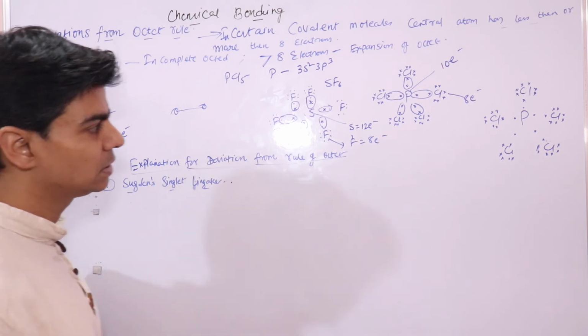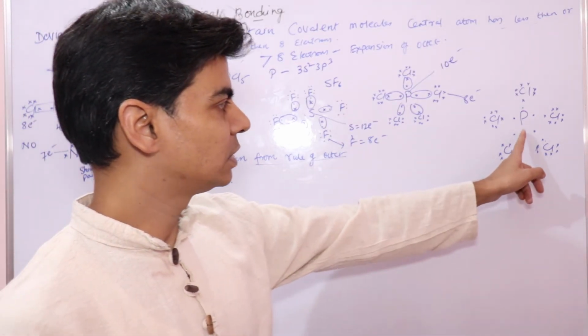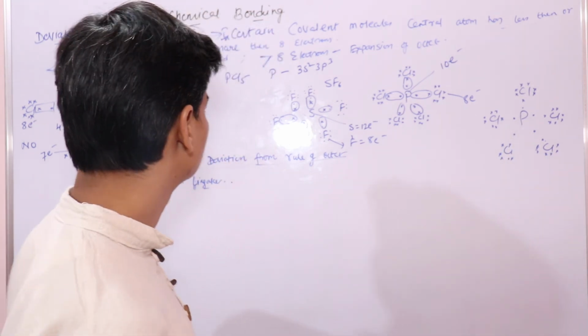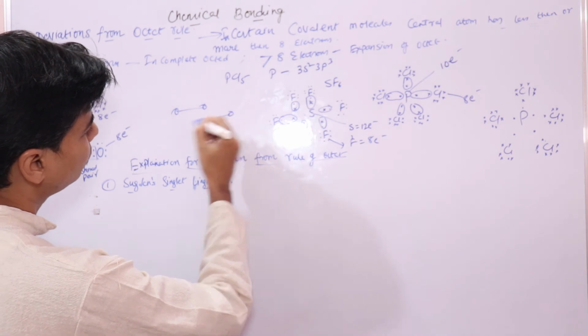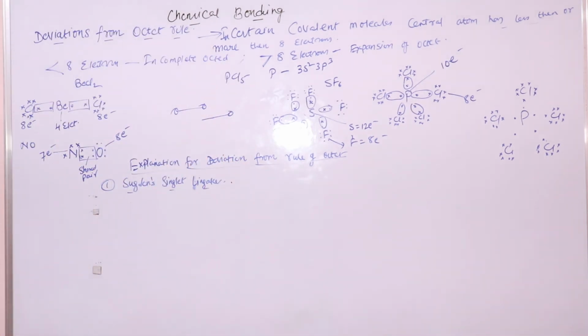But in this case the explanation given by Sugden is that this phosphorus atom is linked to some atoms with singlet linkages, and this singlet linkage will contain only 1 electron, and you will represent this bond with a half arrow, pointing from donor towards acceptor.